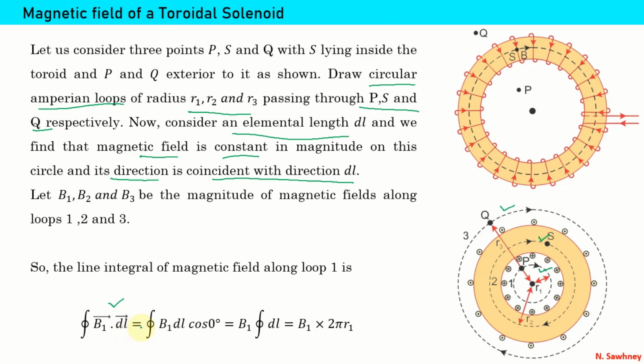The line integral of B dot dl can be represented as B1 dl cos 0, as the direction of both the magnetic field and the length element is the same, so the angle between them is 0. It will come out to be B1 into the line integral of dl. The line integral of dl means the entire loop 1, that is the circumference of this loop. So it will come out to be 2 pi r1 into B1.